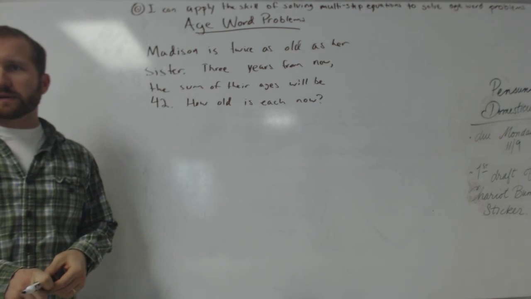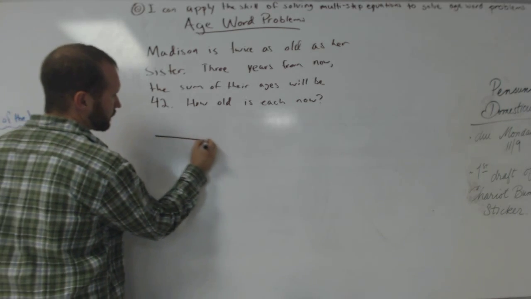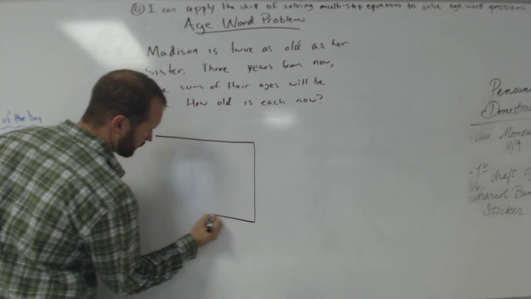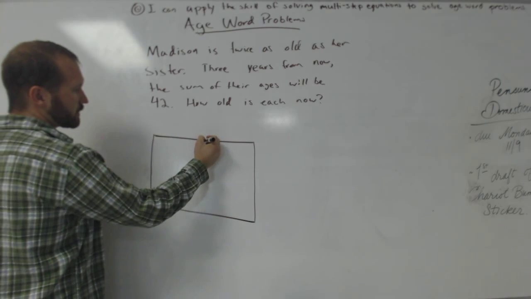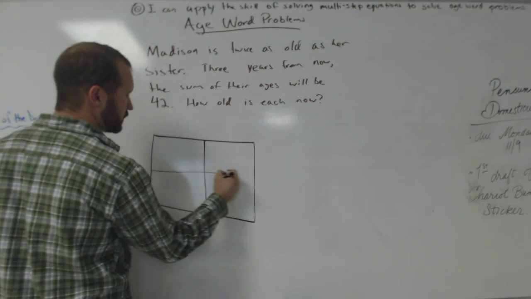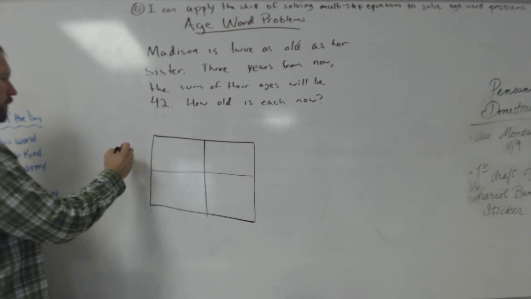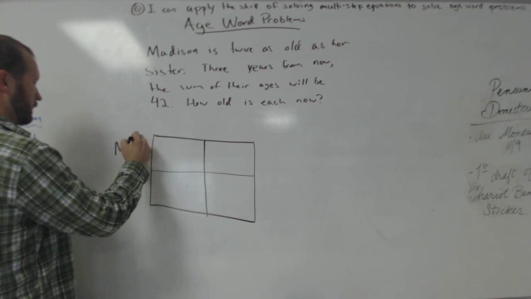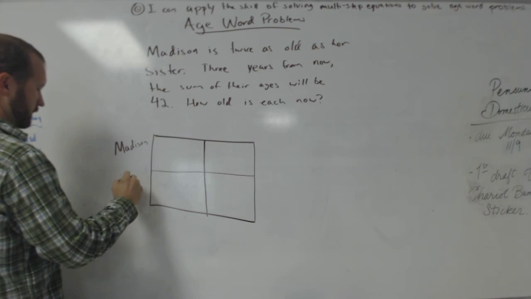Let's use a table to solve these. Here's what your table is going to look like. We're going to do a table with 2 columns and 2 rows, except I'm going to label one row Madison, and the other row her sister.